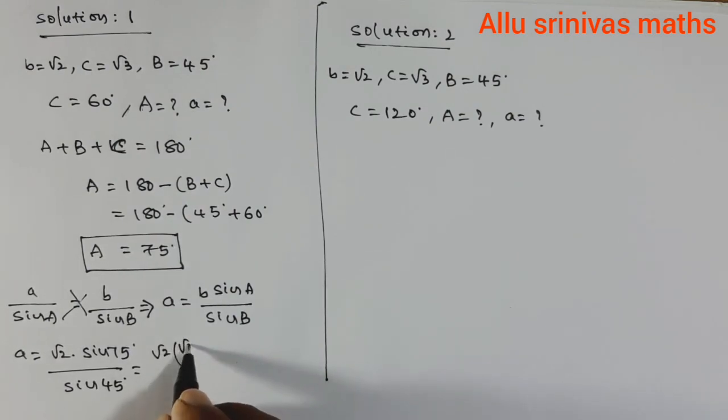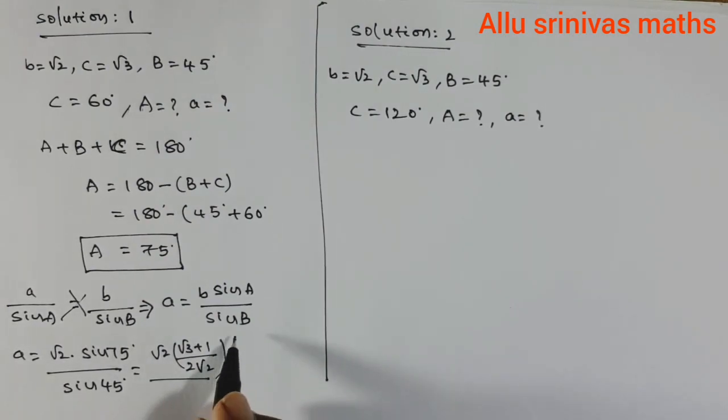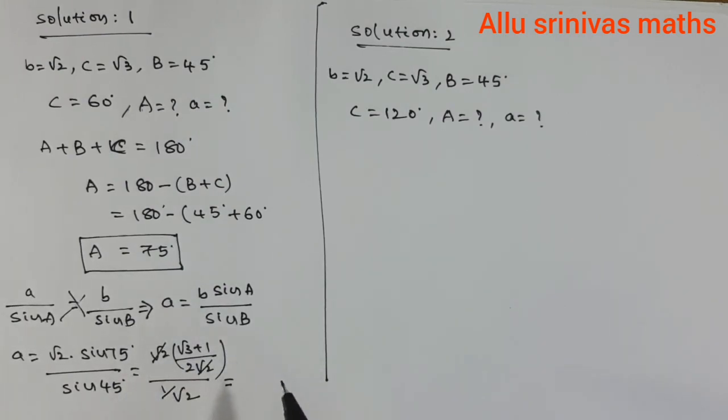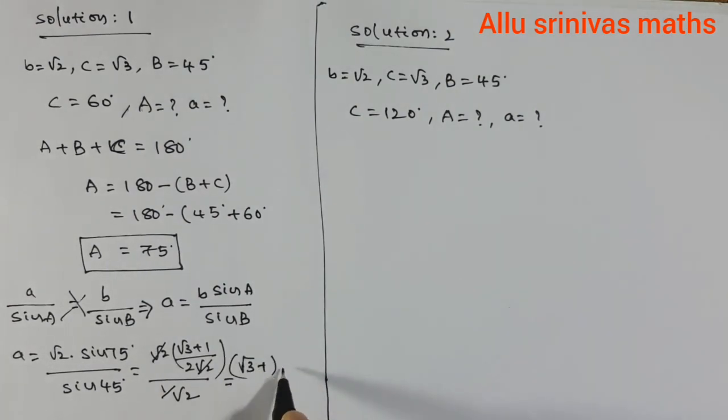Root 2 into sin 75 is root 3 plus 1 by 2 root 2, and sin 45 is 1 by root 2. Reciprocal of 1 by root 2 is root 2. Root 3 plus 1 into root 2 by 2. This is the required side a.